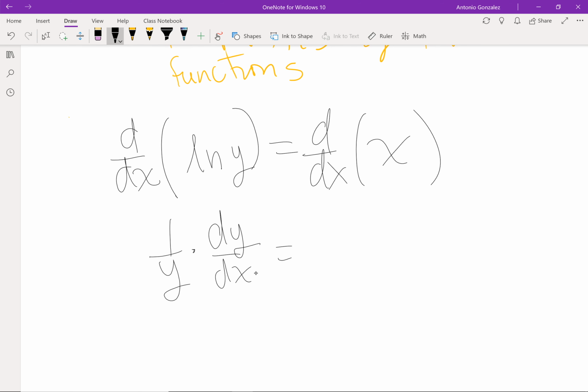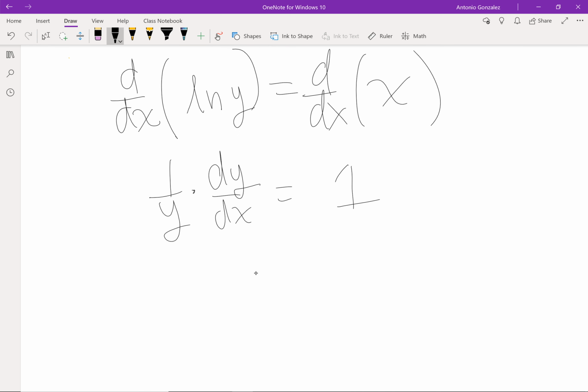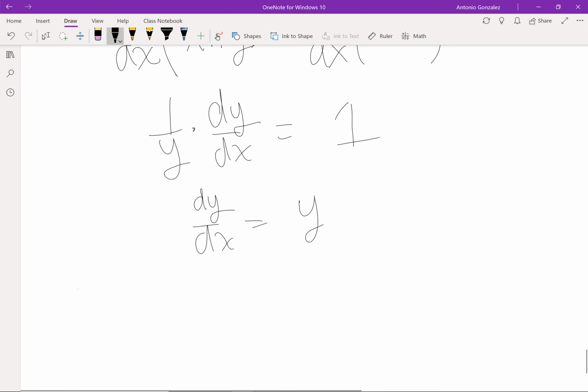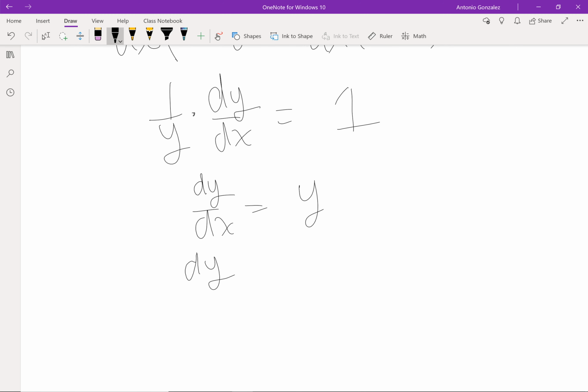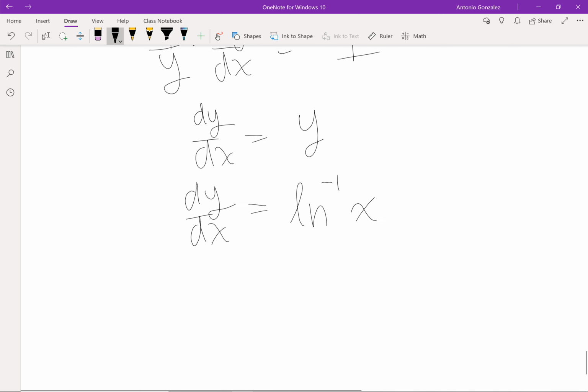And the derivative of x, our independent variable, is just 1. Solving for dy/dx, we get that dy/dx is equal to y, the inverse of the natural log. So it has the same derivative.